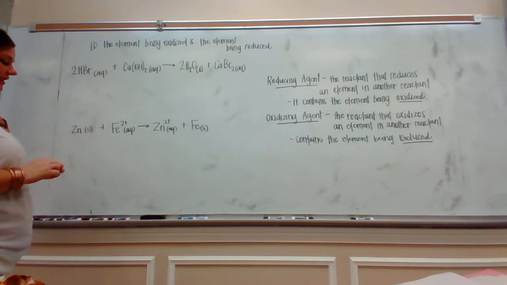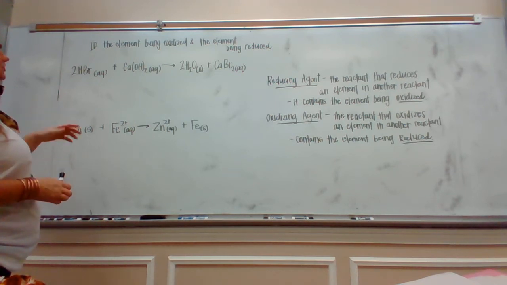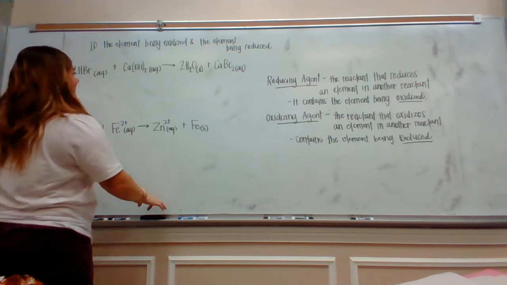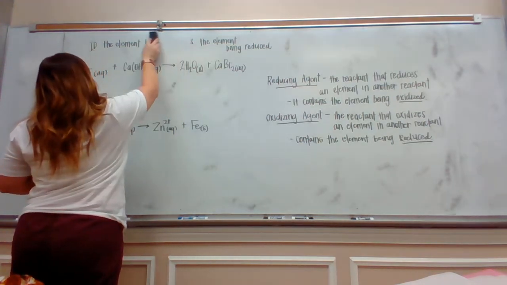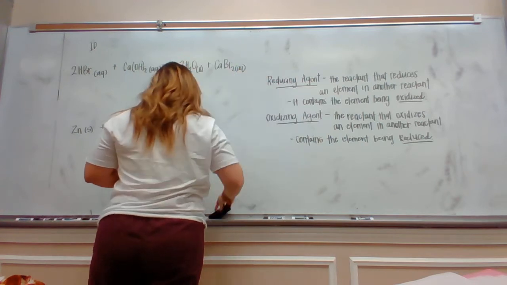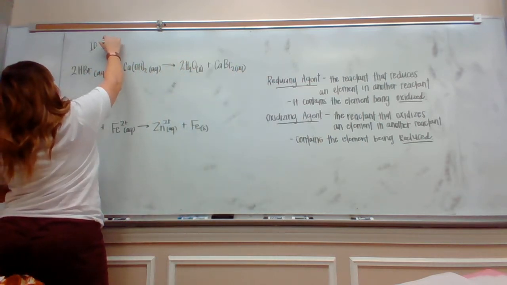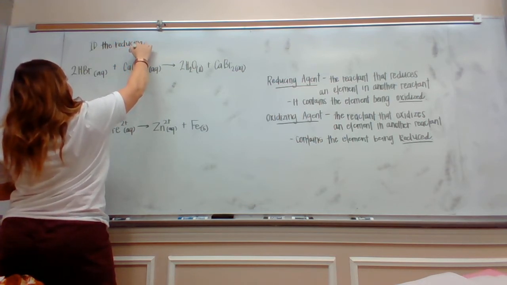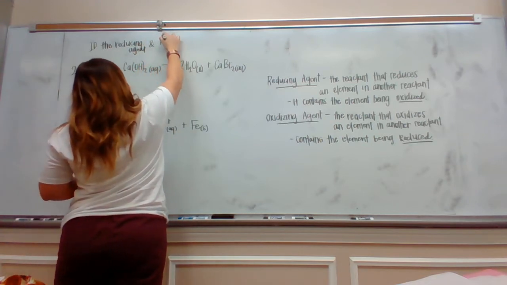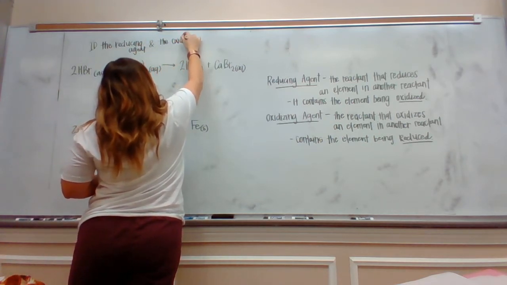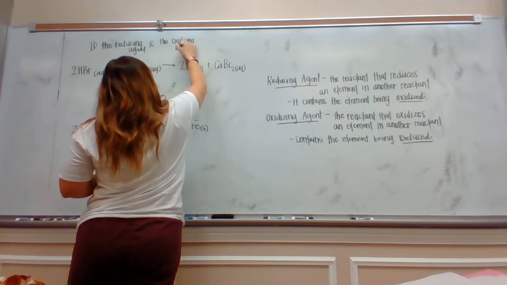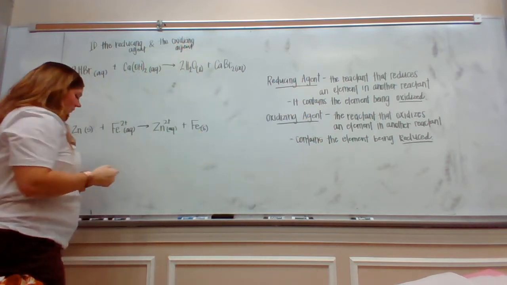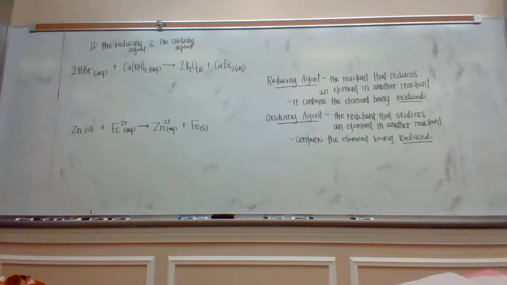Right, so if I changed this problem and asked you which is the reducing agent, which is the oxidizing agent, the way I approach these problems is I still go through, of course, I've got to calculate oxidation states for everybody.